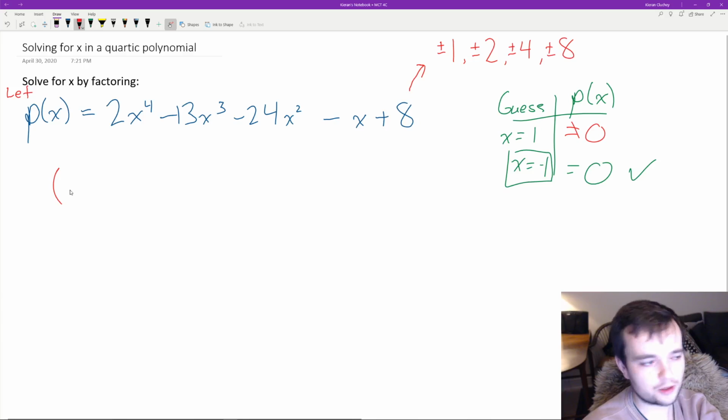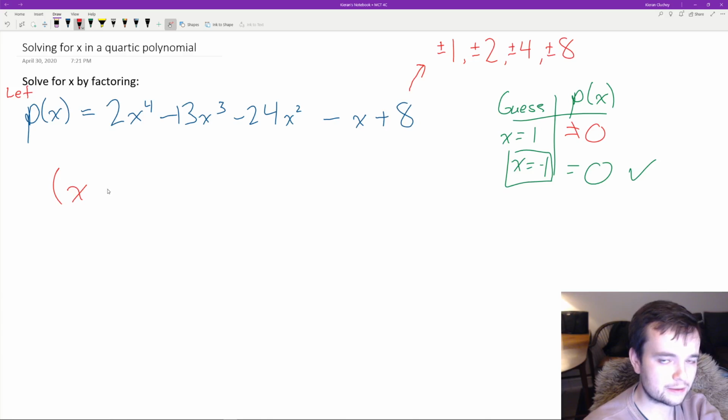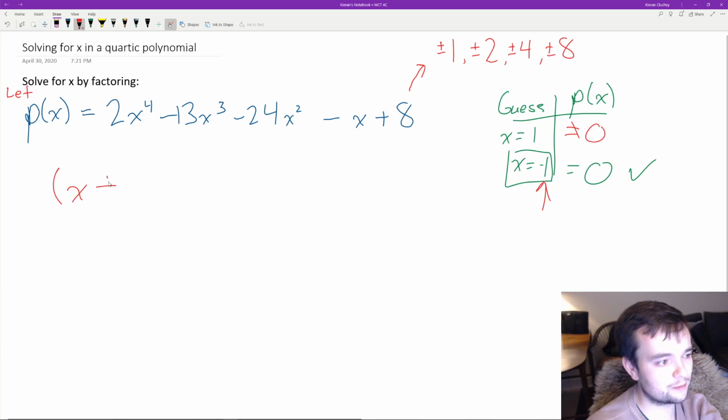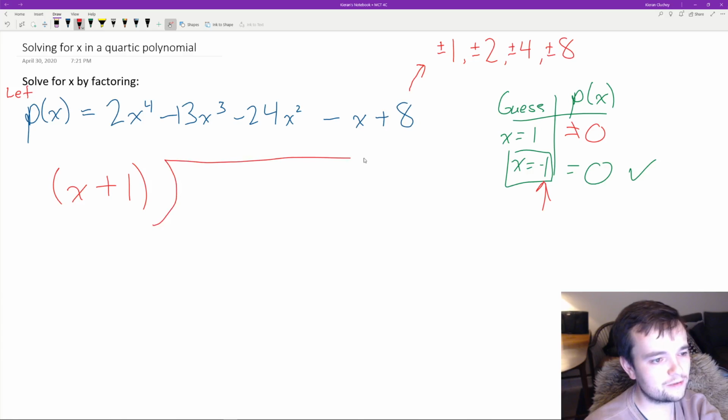I know that this polynomial can be divided by x minus my guess. So my guess is negative 1, so I go x minus minus 1, right? Well, minus 1, that's the same as plus 1. So I know that this polynomial above can be divided by x plus 1.